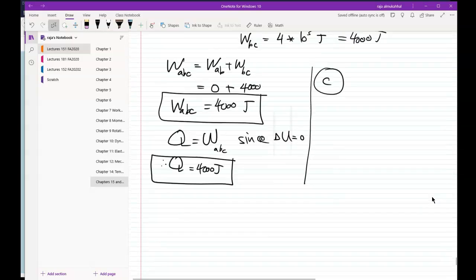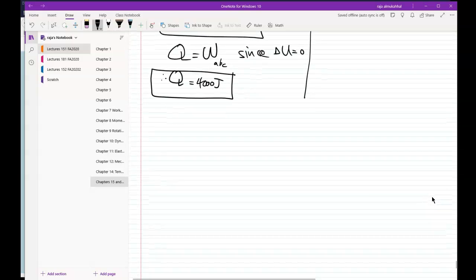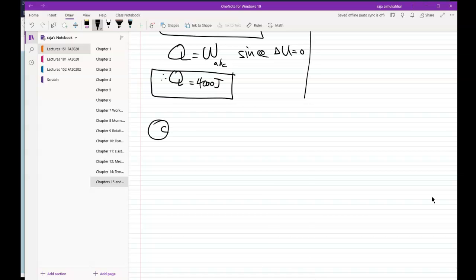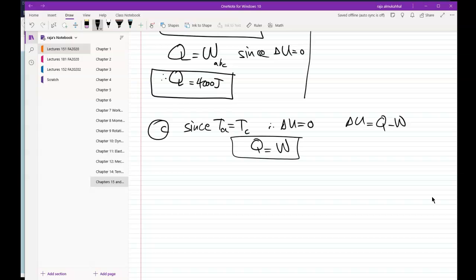Since T_A is equal to T_C, delta U is 0, right? And so from the first law of thermodynamics, Q equals W. This still holds, despite what he's saying. So what is W?